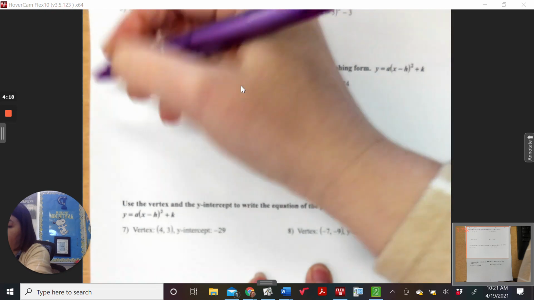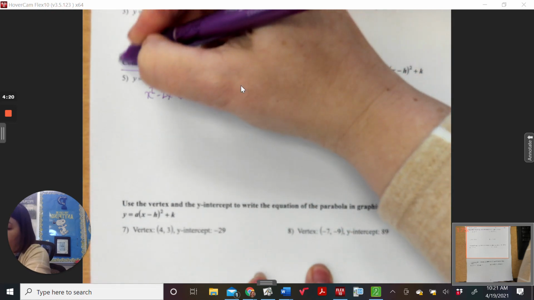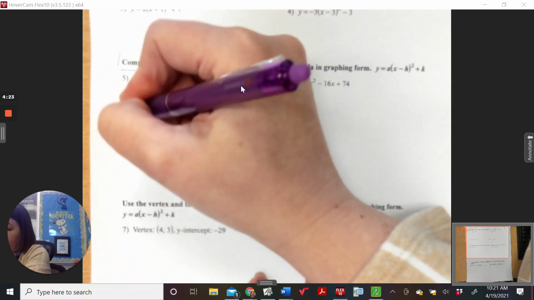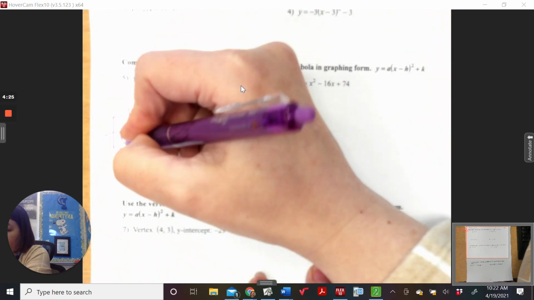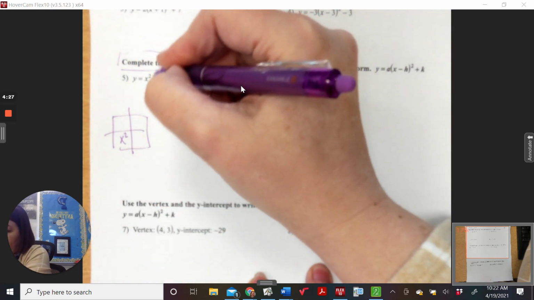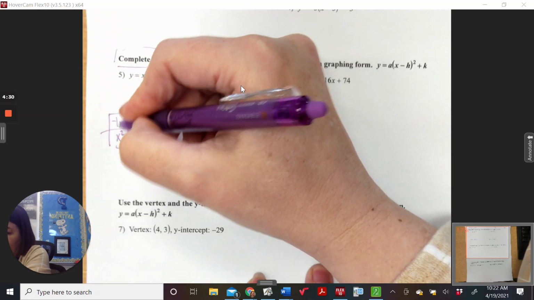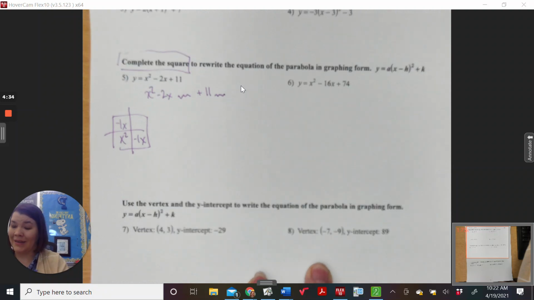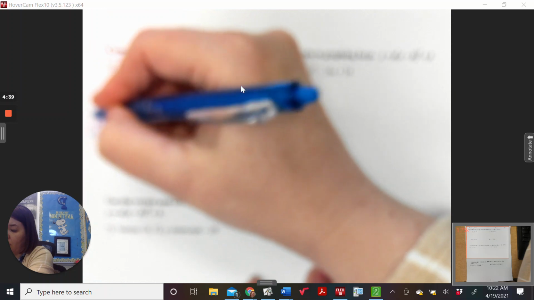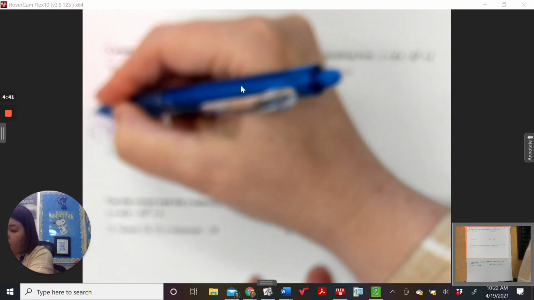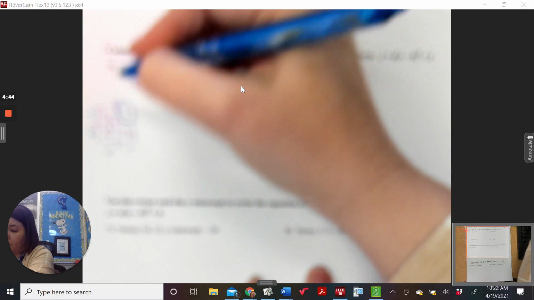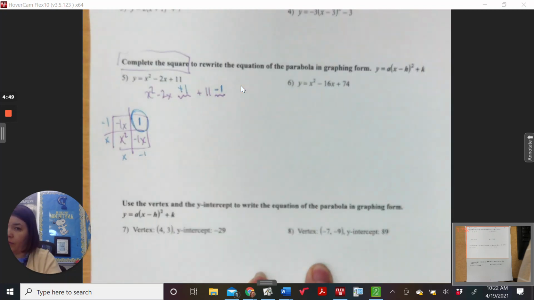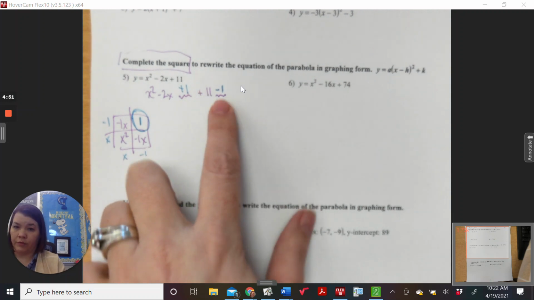I'm going to try to complete the square, which means I need a box. I know that this is x squared. I'm going to split this guy in half and share it equally. That's -1x here and -1x there to force the two sides to be identical. So my two sides will be x minus 1 and x minus 1, making this number -1 times -1, +1. So I'm going to add 1 right here, and I have to remove it as well. So whatever I add, I must remove.